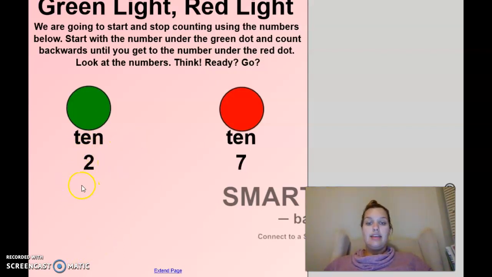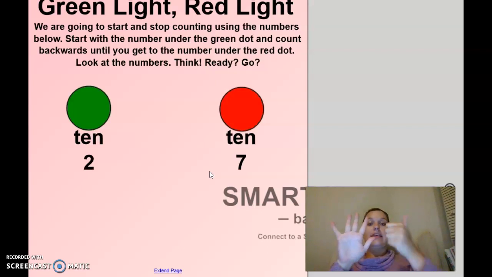Okay, 10, 2, very good. And we're going to stop at 10, 7. So 10, 2, 10, 3, 10, 4, 10, 5, 10, 6, 10, 7. Now let's count back. 10, 7, 10, 6, 10, 5, 10, 4, 10, 3, 10, 2.